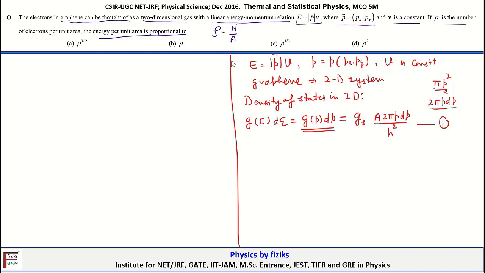Okay, now we want to transform this expression, equation 1, in terms of energy. And that we will do with the help of the given dispersion relationship E equal to pv, which implies p is equal to E upon v. This is the standard procedure that we have already adopted while talking about the theory. Okay, so from here dp is equal to dE upon v.